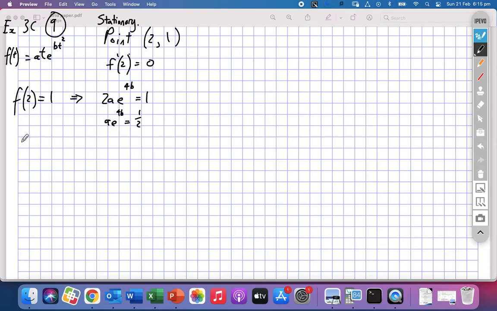We have a function. We have a product rule situation. We have a product. Hopefully you're seeing this. a t times e to the power of b t squared. So our first function is a t. That derivative is a. Our second function is e to the power of b t squared.